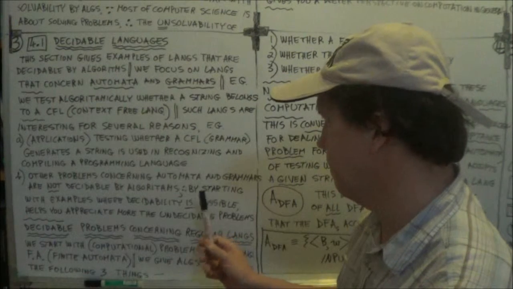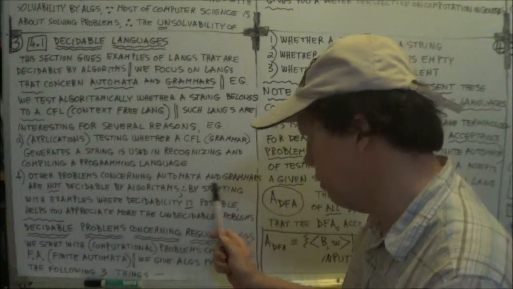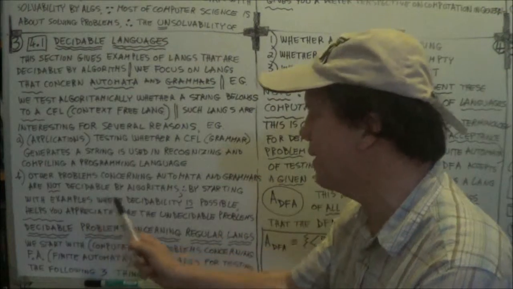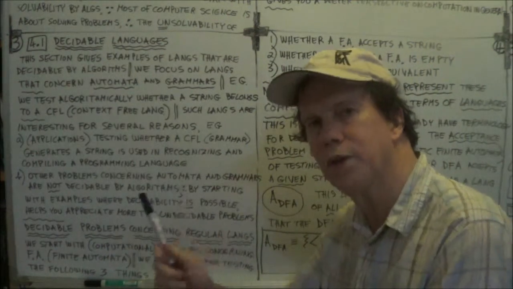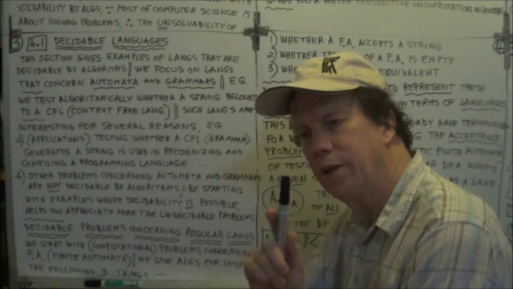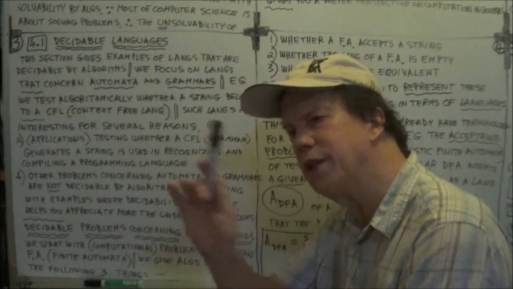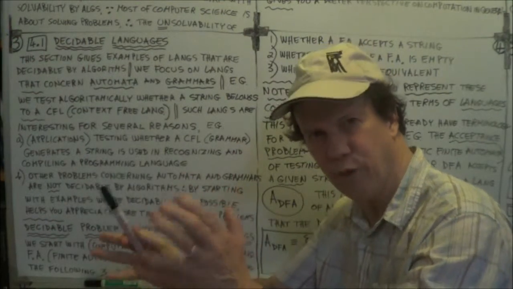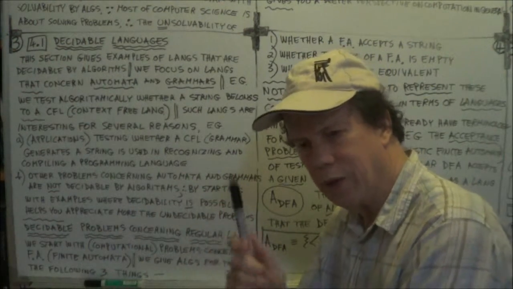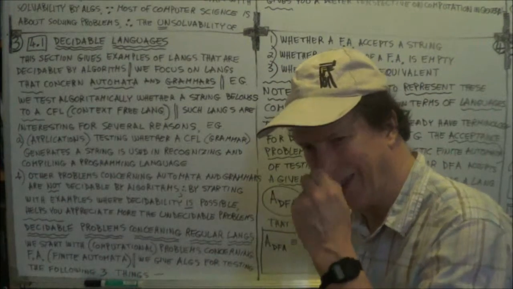Now, what we're going to do is start with examples where decidability is possible. We're going to translate problems into languages, express the problem in a kind of language-like form, asking whether a particular string belongs to a particular language.